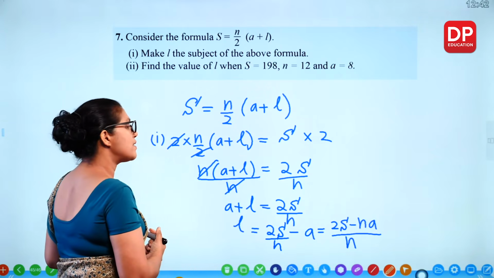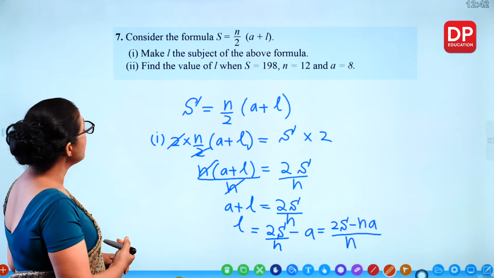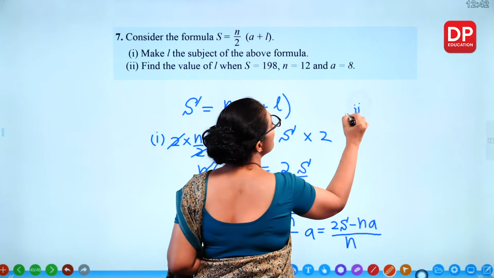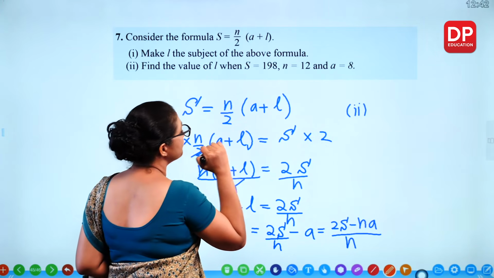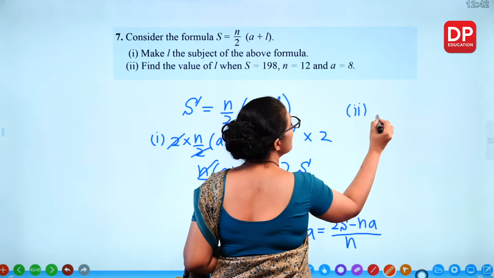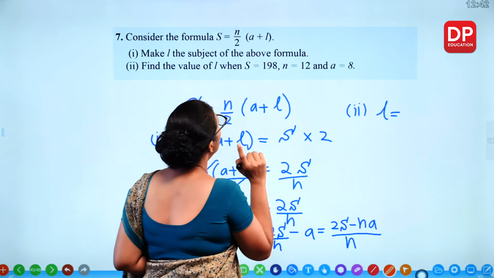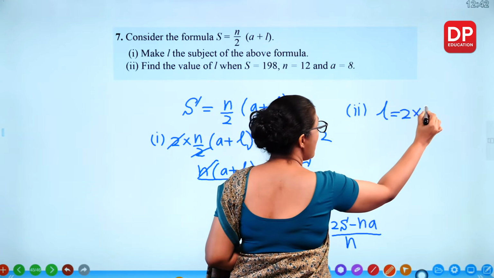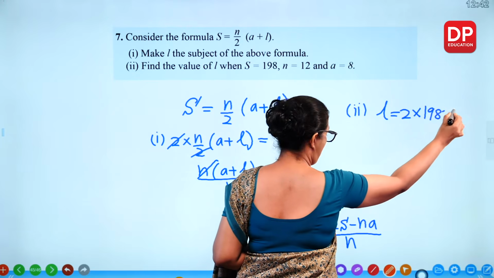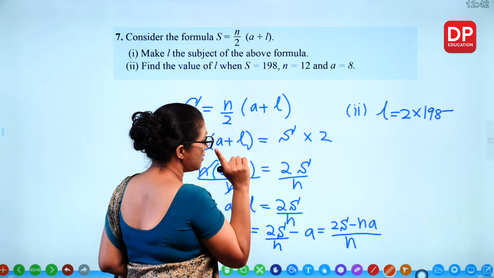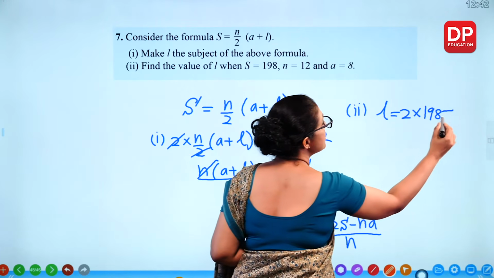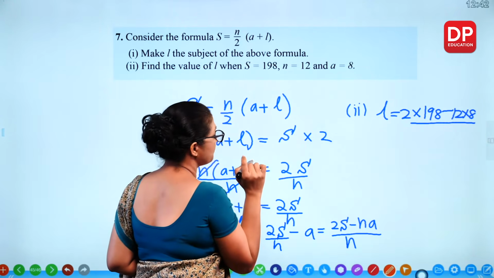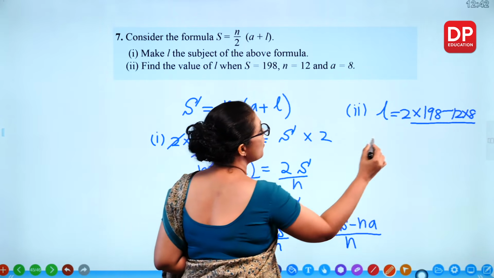So you get 2s minus na over n. Now you can substitute the values to get L. So L equals, S is 198. 2 times 198 minus na, 12 times 8, over n. N is 12.